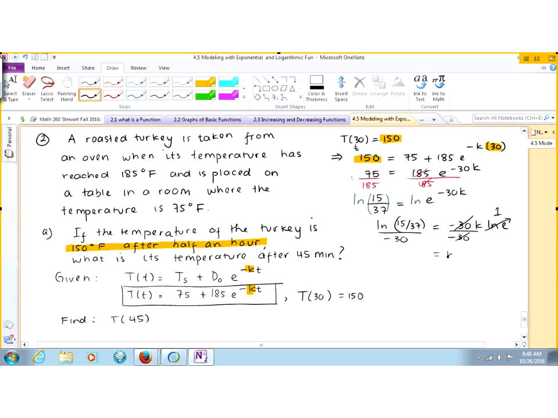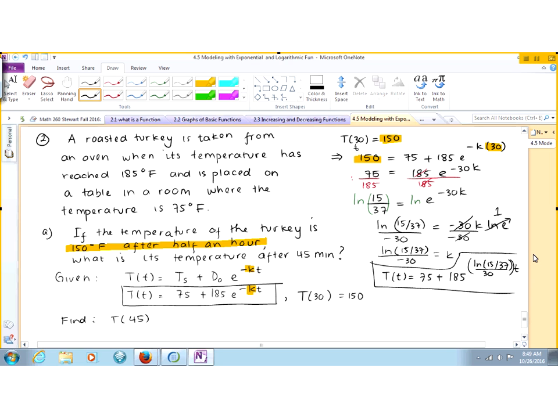So k is ln of 15 over 37, over negative 30. All right. So what is your model again? T of t is equal to 75 plus 185 e to the ln of 15 over 37, over 30, times t.